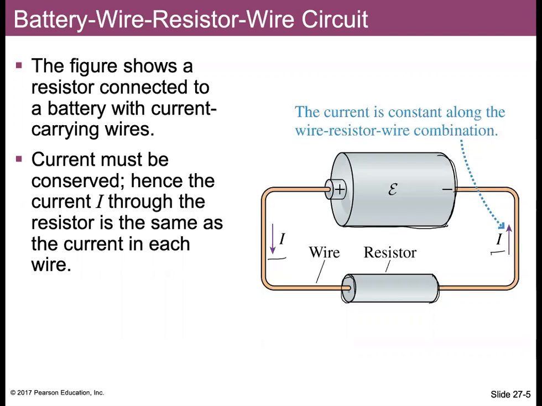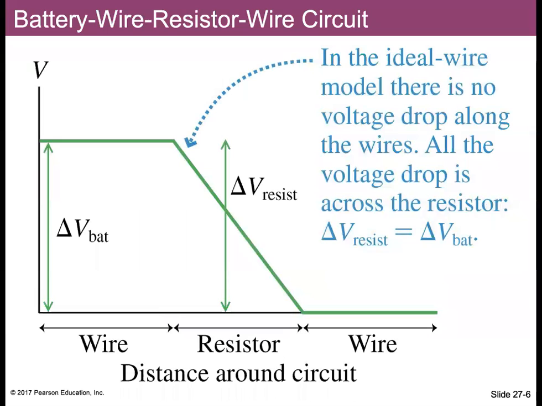So now if we want to plot what happens with the potential difference in our circuit, we can plot what happens to that potential difference as the current goes around our circuit. This is the distance around the circuit. We saw it first went through the wire.